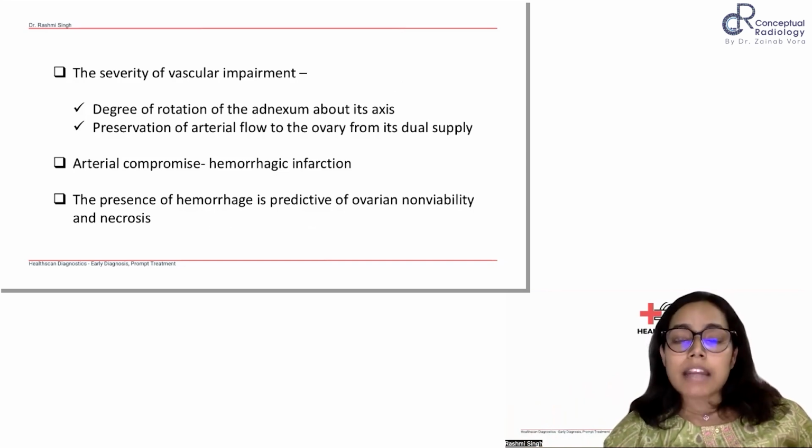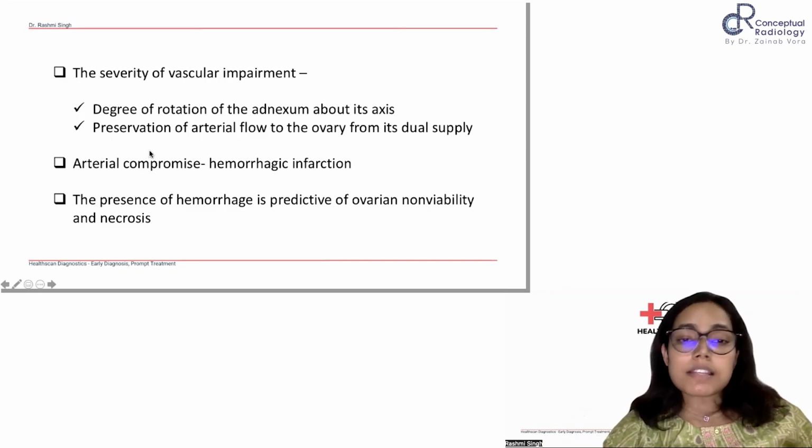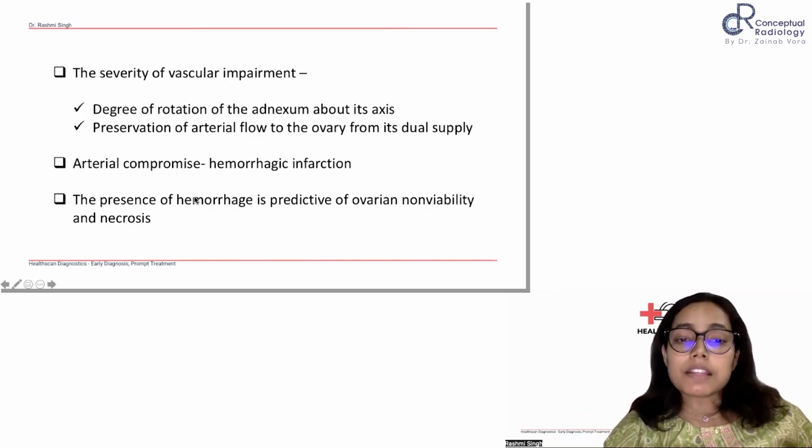Because of that, arterial compromise often does not happen, but if there is a lot of twisting for a prolonged duration, there might be infarction. Once there is arterial compromise, there will be infarction of the ovary. And the presence of hemorrhage is predictive of ovarian non-viability and necrosis.